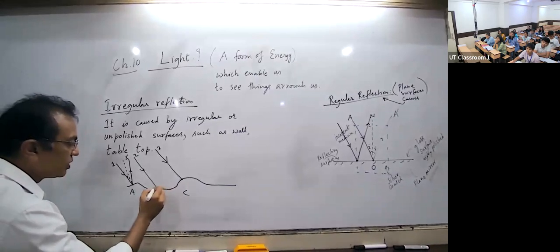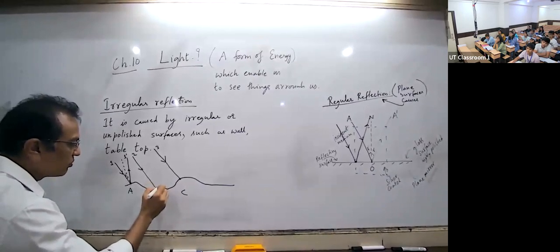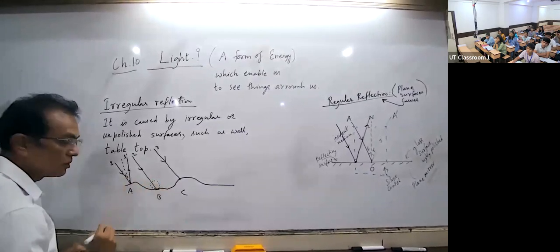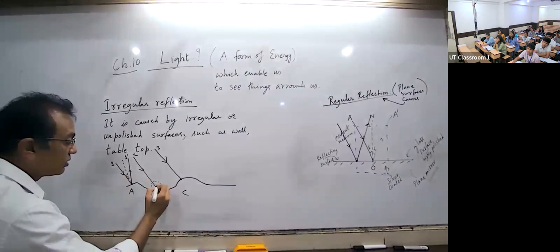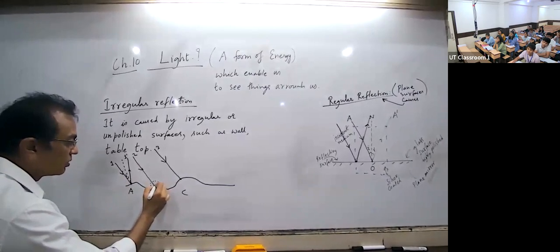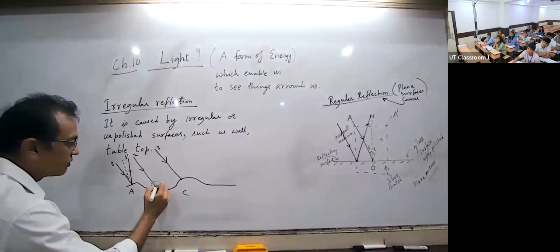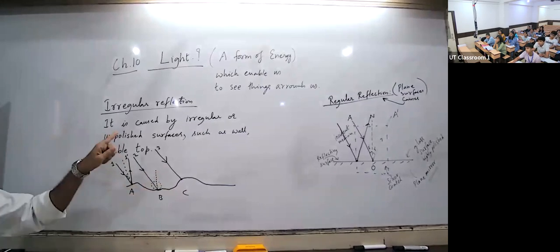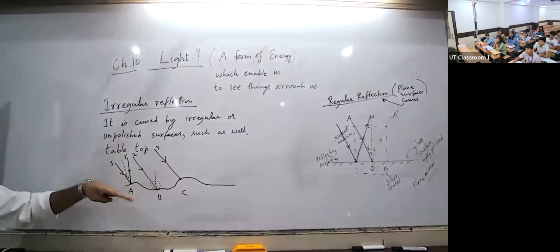This curved surface must be part of some sphere, right? So what is the normal for a sphere? It is the radius of the sphere. You always take the radius of the sphere as the normal for the curve.